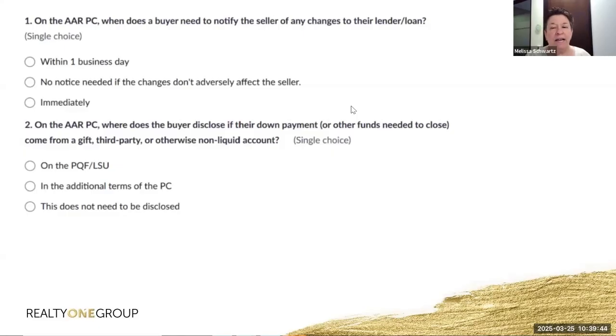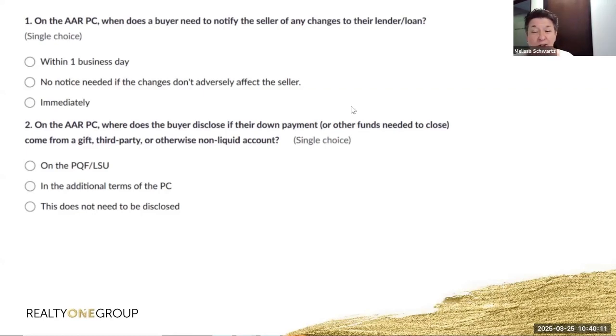So, all right, second question. On the AAR purchase contract, where does the buyer disclose if their down payment or other funds needed to close come from a gift, third party, or otherwise non-liquid account? On the PQF, LSU, in the additional terms of the purchase contract, or this does not need to be disclosed? Any answers?